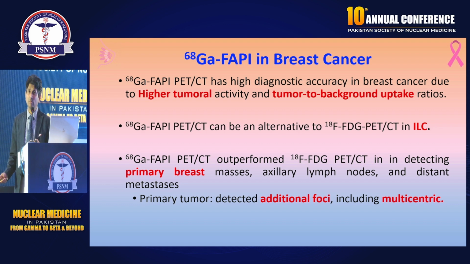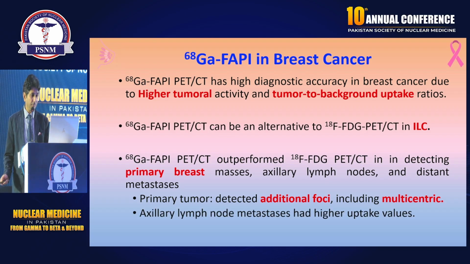Axillary lymph node metastases usually show higher uptake on FAPI as compared to FDG, and it found additional foci. As in the last case, with a very big tumor, you will detect additional foci and multicentric disease as well. So management will change: if you have a localized tumor, they will go for a wide local excision. If you have multicentric disease, they will go for neoadjuvant chemotherapy.